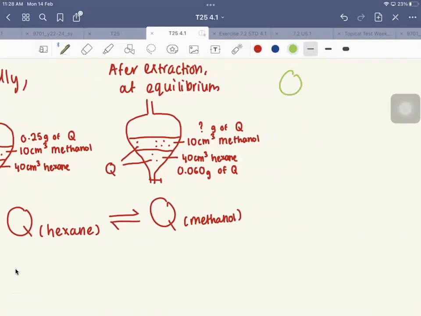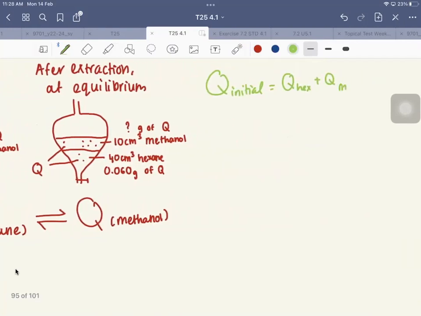here Q initial is equal to Q in hexane plus Q in methanol. So you can use this for mass, you can use this for moles, you cannot use this for concentration. Okay, so only mass and mole.